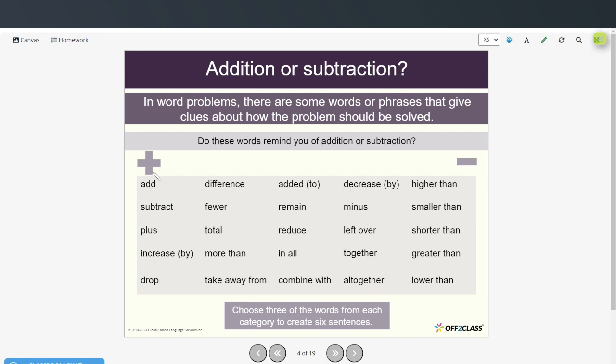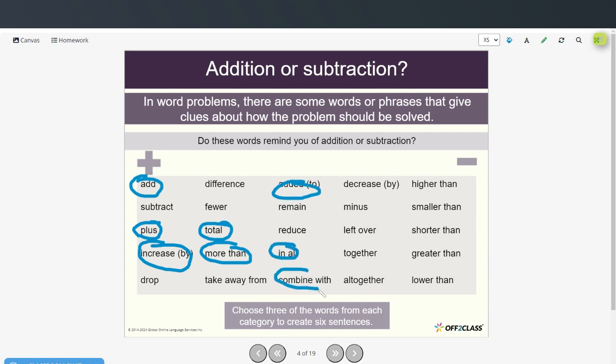So here for addition, we had add, plus, increase by, total, more than, added to, in all, combined with, together, all together, higher than, and greater than. Those would all be related to addition.